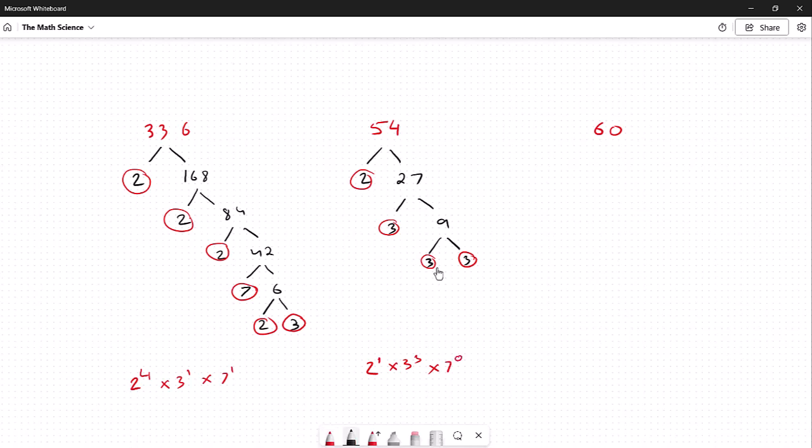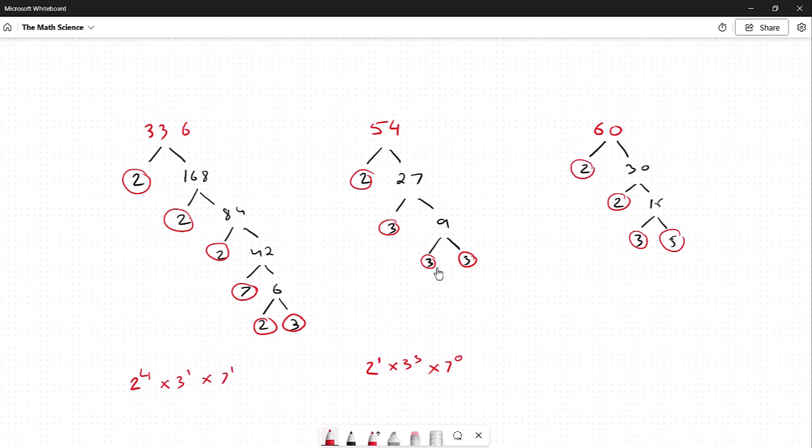Now let's find the prime factors of 60. So again, we can divide this by 2. 2 times 30 is 60. Then 2 times 15 is 30. And then 3 times 5 is 15. So the prime factors are 3, 5, and then 2 here.